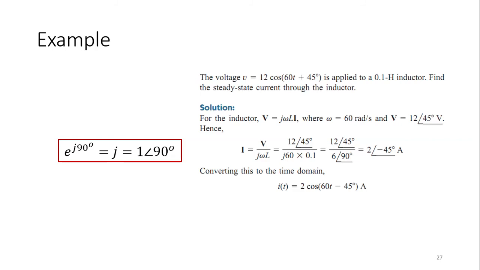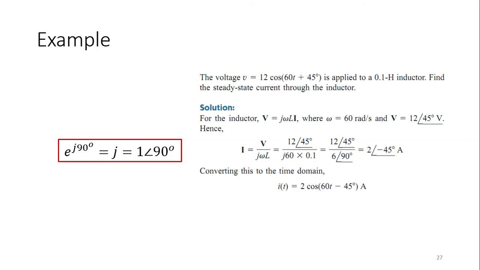The word steady state is used for a reason here, because in phasor domain we do not consider the initial conditions when taking the integrals or derivatives, and in the end what the derivative and integral in phasor domain result in only contains the information about the steady state.